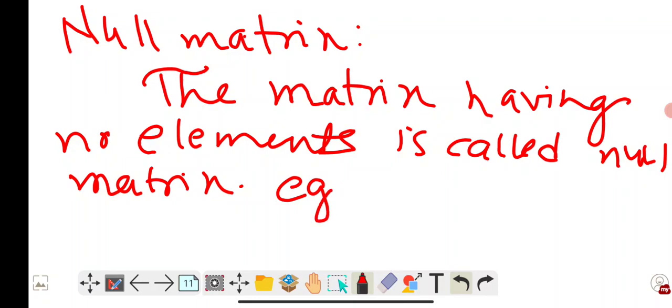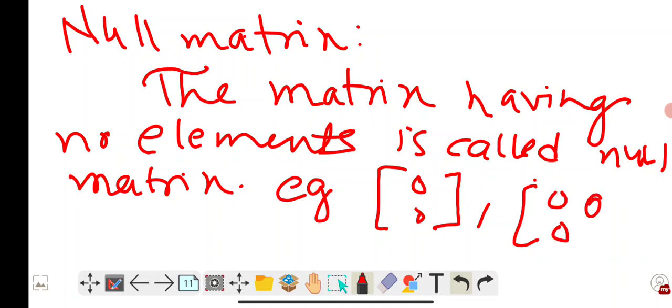Example: 0 0, 0 0. This is also a null matrix.